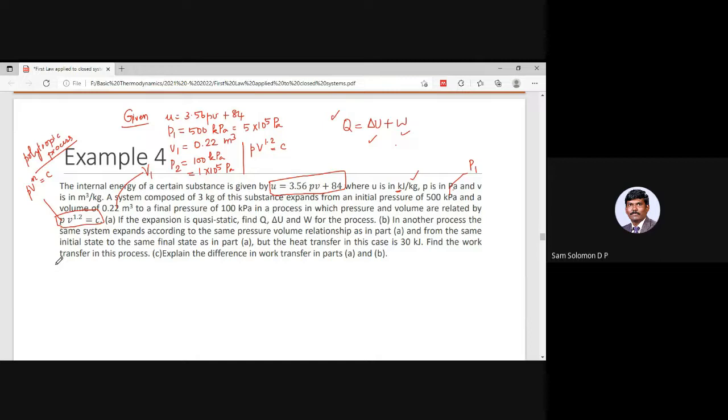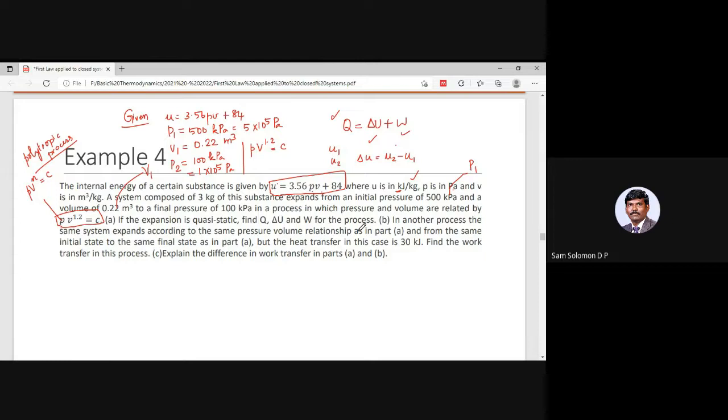So here they have given you the value of U, an equation for U. They have given you P1, V1, P2, and just now you told me you can find out V2 also. So when you substitute P1, V1 here, you will get U1. And when you substitute P2, V2 here, you get U2. So delta U is U2 minus U1.